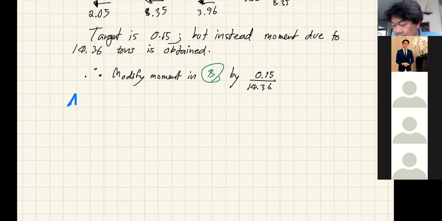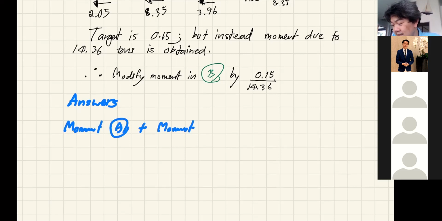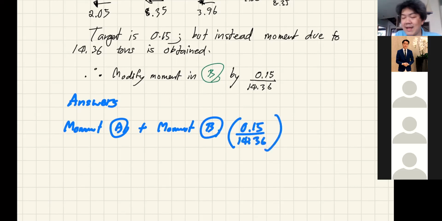So the answer will be moment in case A plus moment in case B, multiplied by 0.15 over 14.36. That will be your final answer.